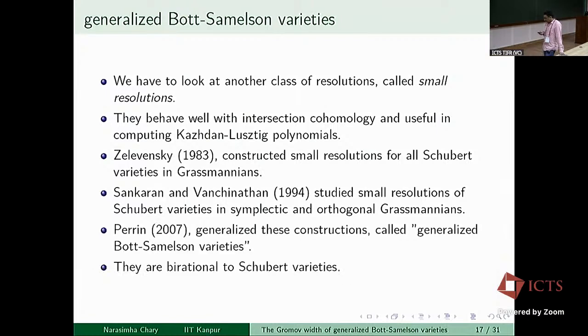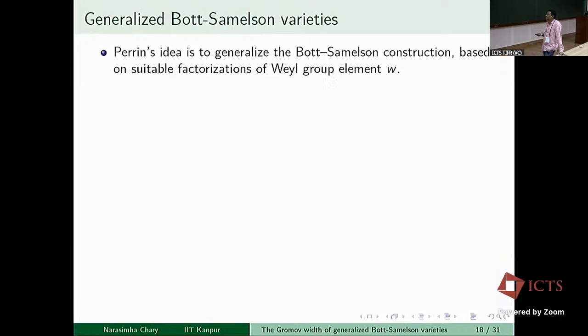Then Perrin generalized these two constructions by Zelevinsky and Sankaran-Vanchinathan, which are called generalized Bott-Samelson varieties. They are birational to Schubert varieties, but in general they are not smooth. Maybe we'll see what exactly the construction is in a minute.